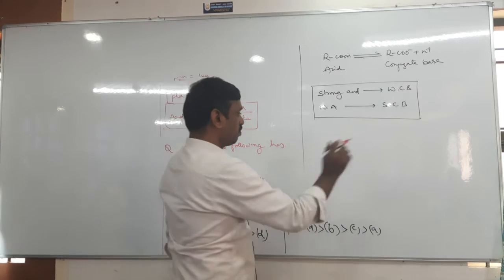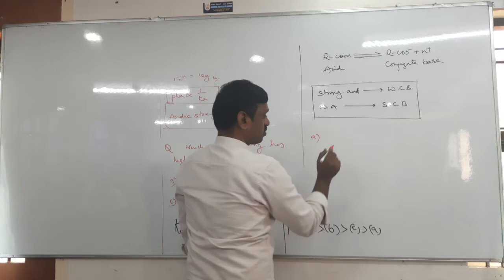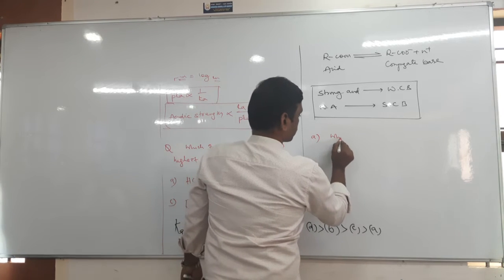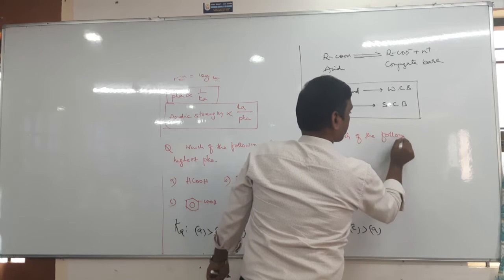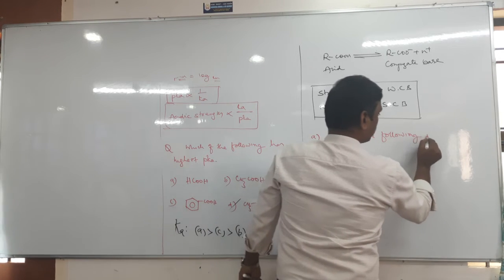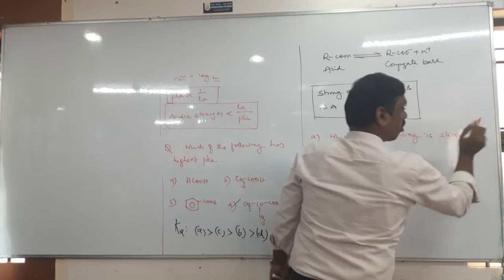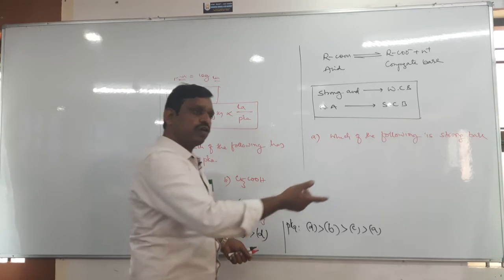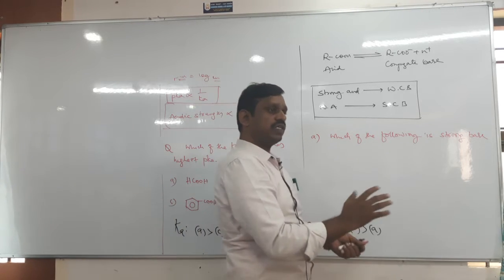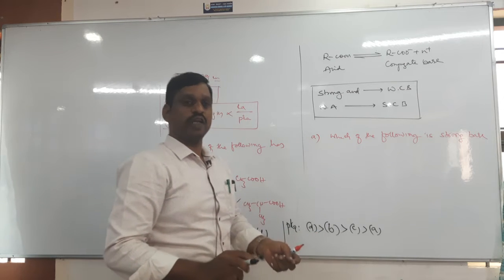For example, which of the following is a strong base? Strong base in the sense of conjugate base; you need not write conjugate, it is understood that it is a base, nothing but conjugate base can be taken. So which is a strong conjugate base?